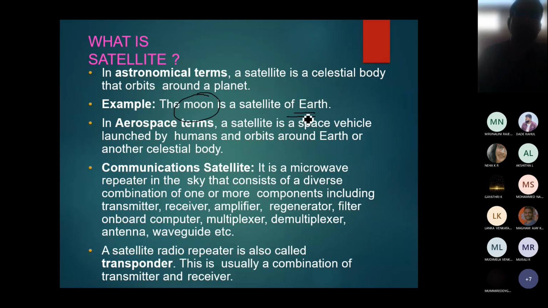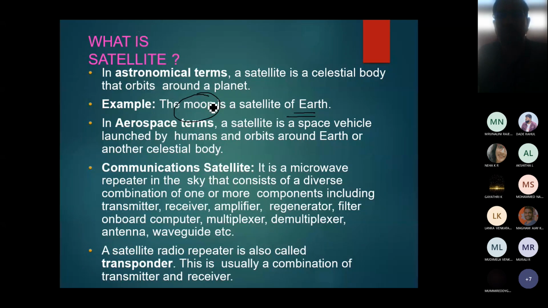But nowadays we are launching different satellites into orbit. In the same way the moon rotates around the earth, many artificial satellites have been launched which are also rotating around the earth. So in aerospace terms, a satellite is a space vehicle launched by humans that orbits around the earth or another celestial body.